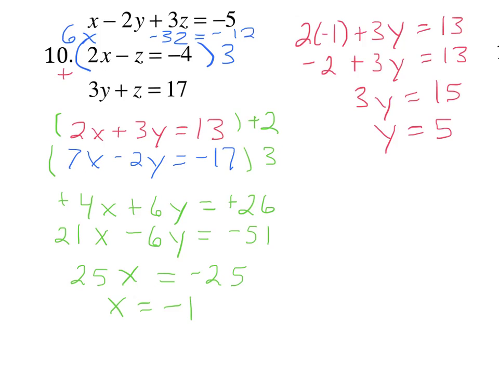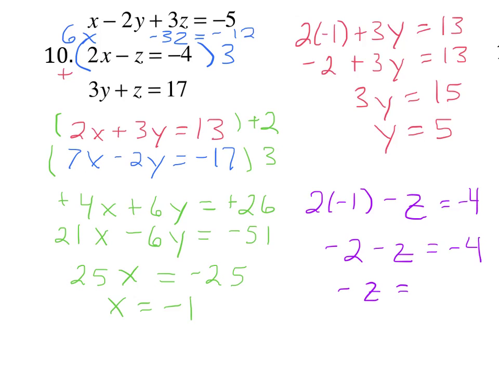Actually, we can just plug in x for the second equation, and that will help us find z easily. So we have negative 2 minus z equals negative 4. So negative z equals negative 2. So z equals 2. And then we just want to write the final answer as a coordinate. So negative 1, comma 5, comma 2.